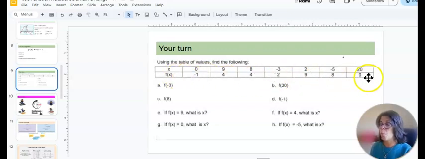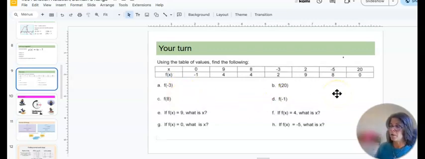The second row is y, which is the same thing as f of x. And so remember, when you're asked for f of -3, we're saying x is -3. So you look in the x row for the -3 and you figure out what y is. It's 2, and that means that your y, your answer, your output is 2.